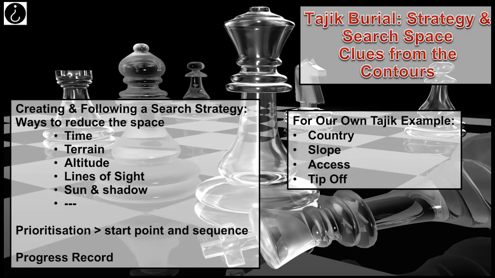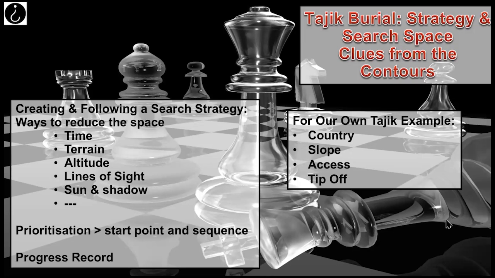There's the terrain, it's quite characteristic. Could we use the altitude? We can even use the country because we do know that this is in Tajikistan, not across the border. We have a slope of the land that we can see in our images. The people got up there in the sorts of clothes they're wearing.